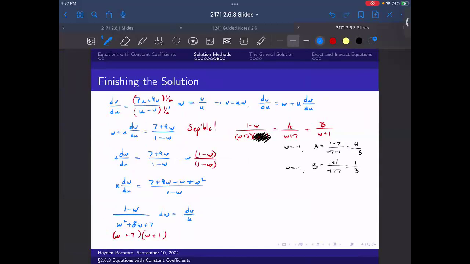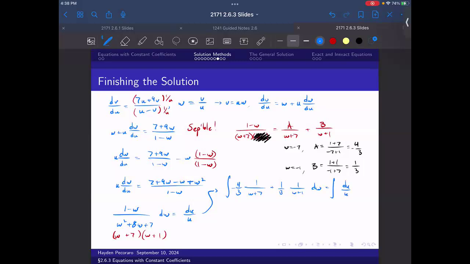All right, so let's rewrite our differential equation here. We get -4/3 times 1/(w + 7) plus 1/3 times 1/(w + 1), times dw. And we're going to integrate both sides.